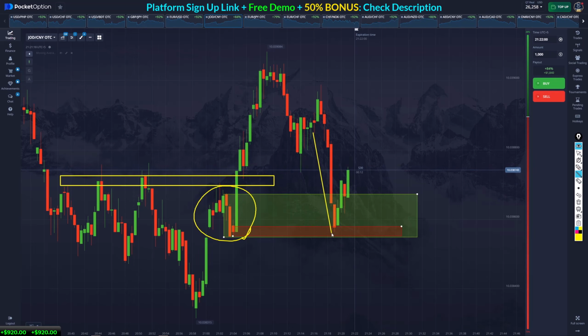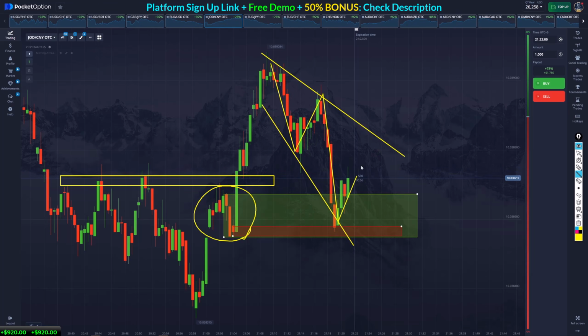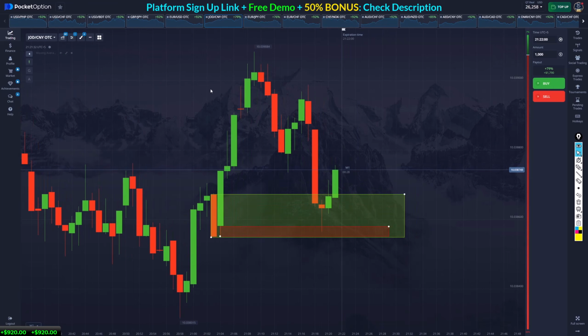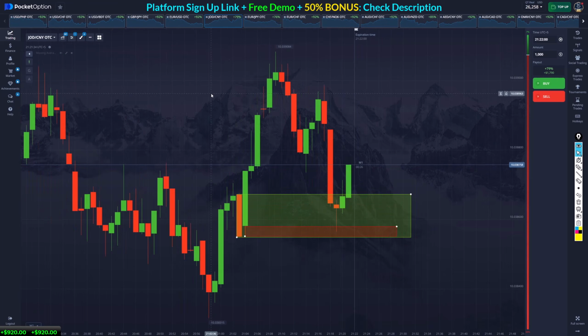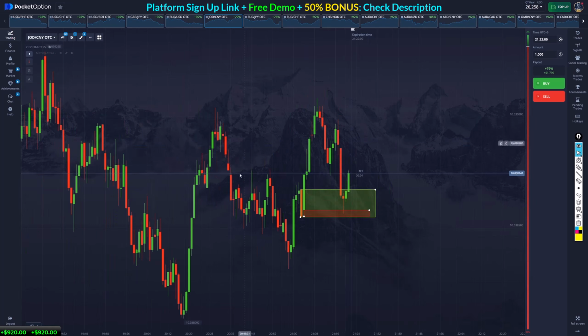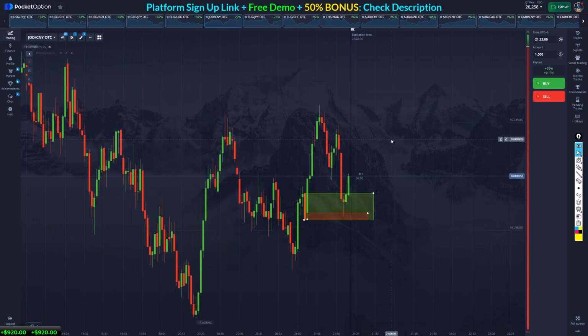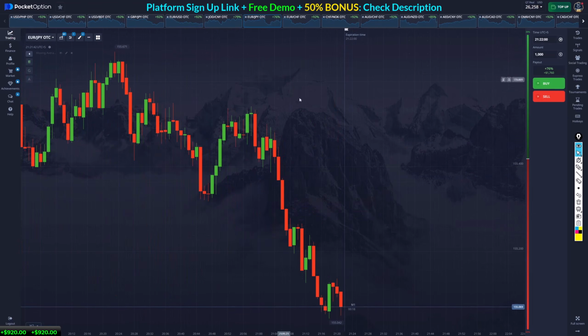Next time price comes down here, it can react, and then we can also add other stuff like basic market structure, support of this wedge. So this is how we make money in trading. We do not trade based on one concept, based on one strategy, and based on one reason to take a trade. This has been my strategy from 2018, and it has been successful.